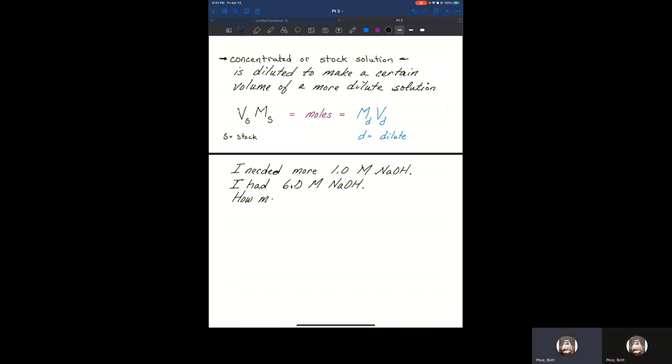How many liters? Well, actually, I can do it in milliliters.